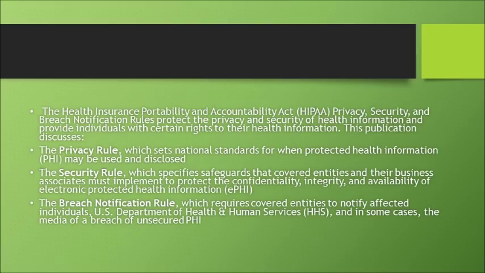The Health Insurance Portability and Accountability Act, HIPAA, privacy, security, and breach notification rules protect the privacy and security of health information and provide individuals with certain rights to their health information.